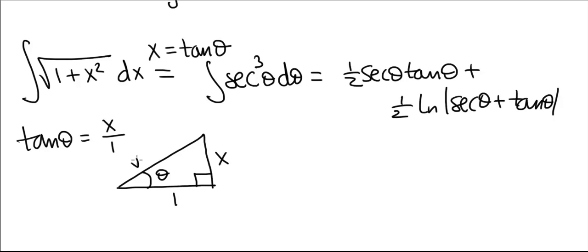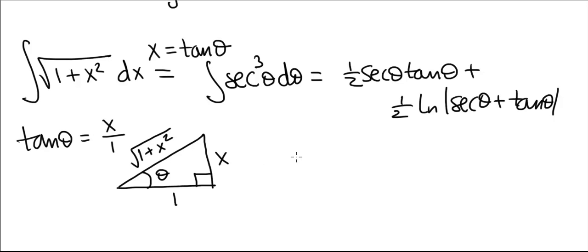And I hope everybody sees that the missing side, the hypotenuse, is the square root of 1 plus x squared. One way to check this is to use the Pythagorean theorem. The other way is to know that the missing side, whatever that happens to be, will almost always be the square root that we have inside the integral. So inside the integral we have the square root of 1 plus x squared. That will be our missing side.